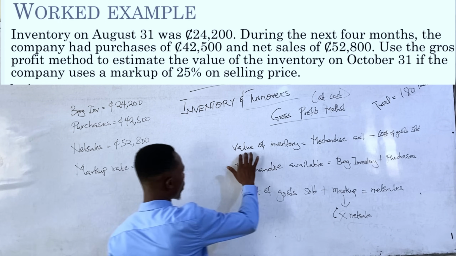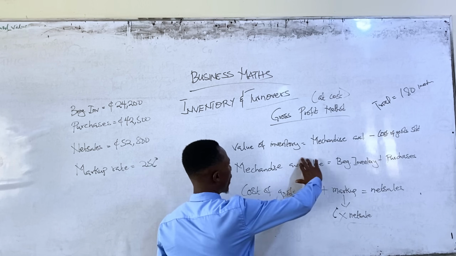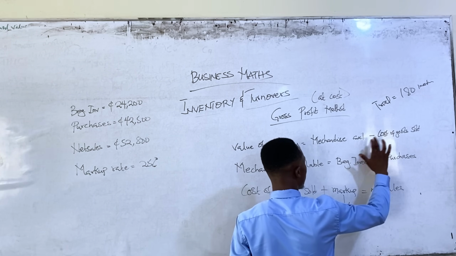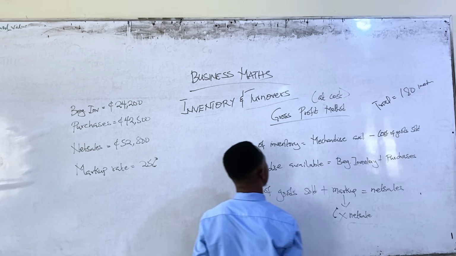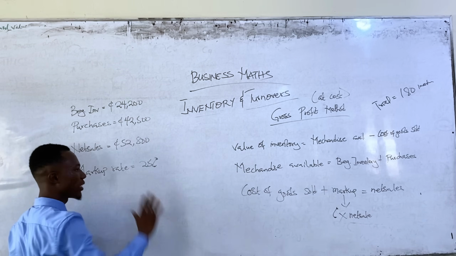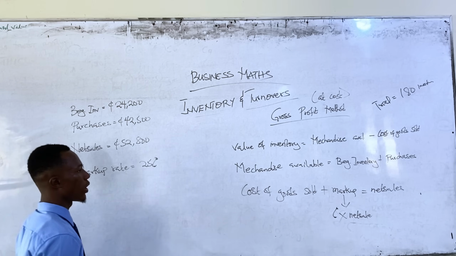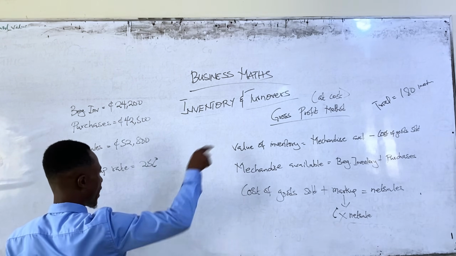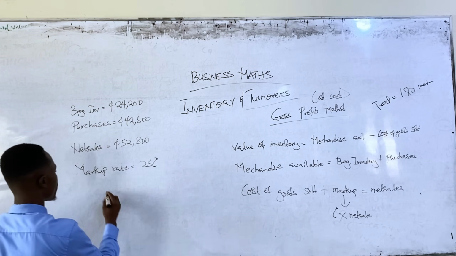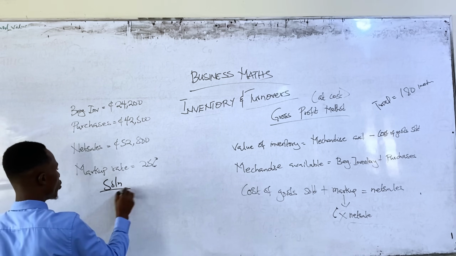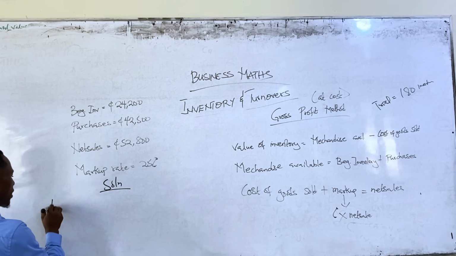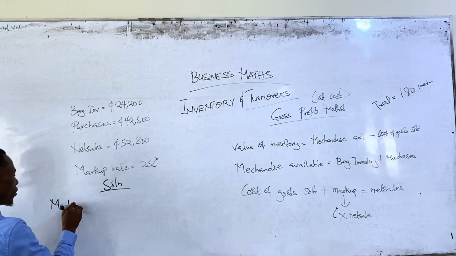Before we calculate the value of inventory, it is merchandise available for sale minus cost of goods sold. From the question, we don't have merchandise available for sale, and we don't have cost of goods sold. So we are going to calculate each item. First, the solution. We calculate merchandise available for sale.